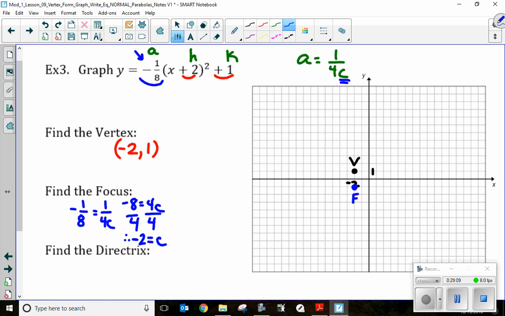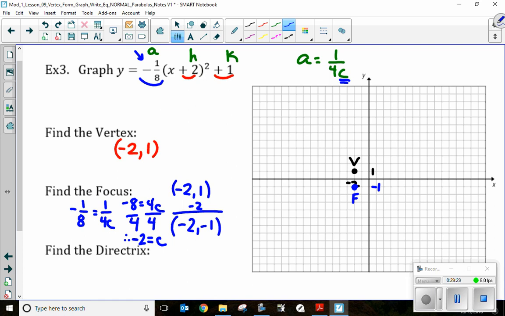That's my focus. Now, how would I have calculated that number? Well, if my vertex is negative 2, 1, I just subtract 2 from my Y value because I'm moving downward. Negative 2, negative 1. And that's the point right here at negative 1 on the Y, negative 2 on the X. Boom.